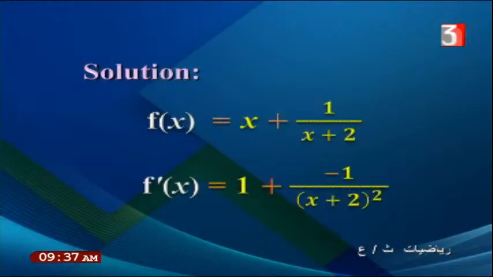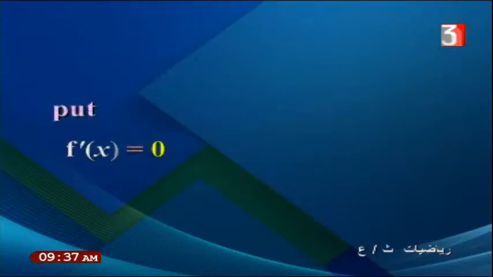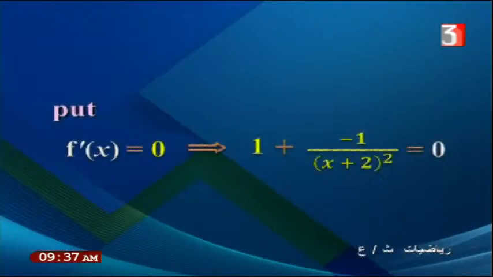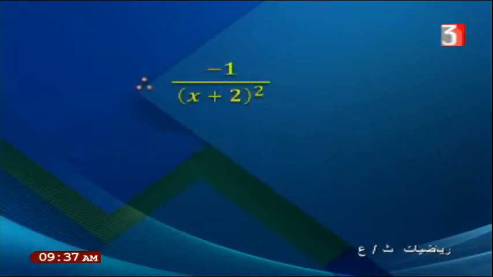We put f dash x equal to 0, then 1 plus negative 1 over (x plus 2) squared equals 0, and negative 1 over (x plus 2) squared equals negative 1.